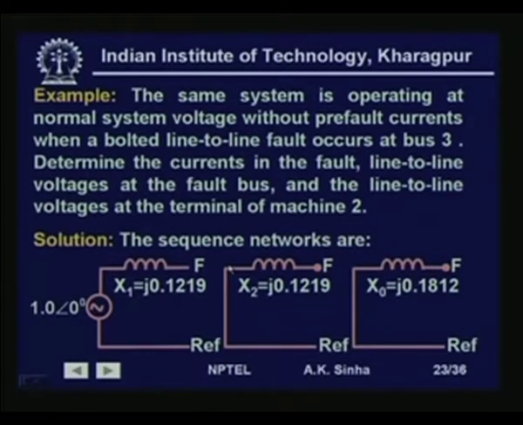So, now again we can work out for a line to line fault for the same system with the fault occurring at the same point, that is at bus 3. So, we take the same example, the positive sequence network reduced to the fault point is the same one, negative and 0 sequence network, which we have already done in the earlier example.